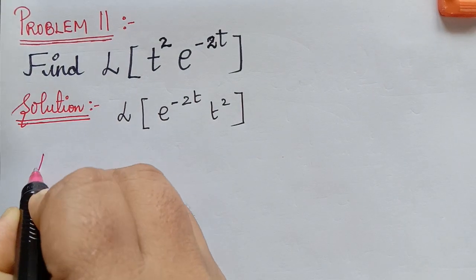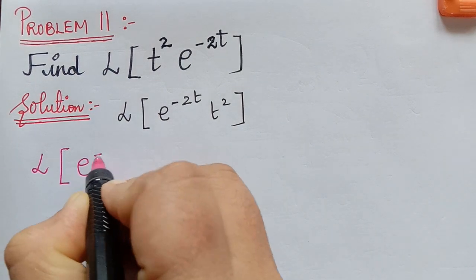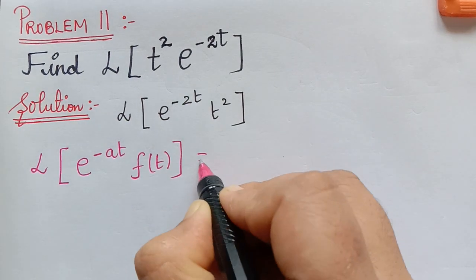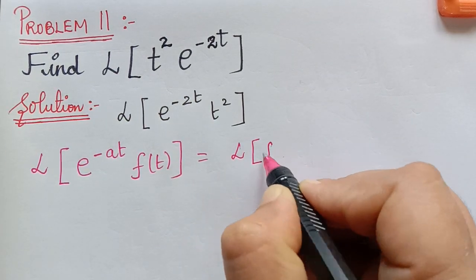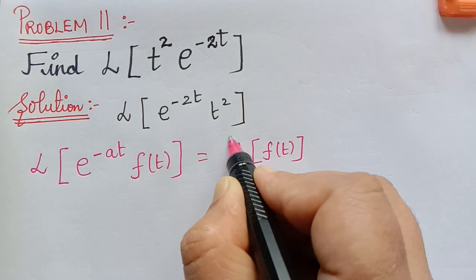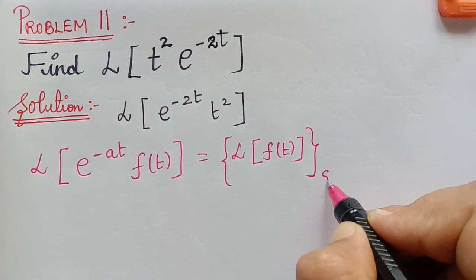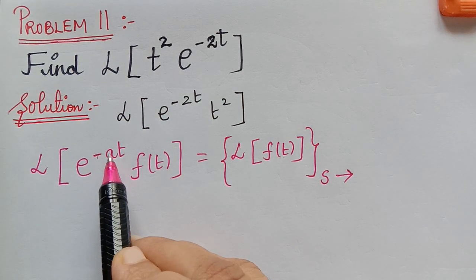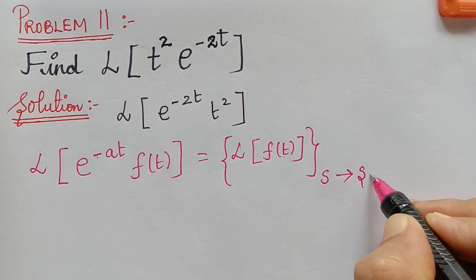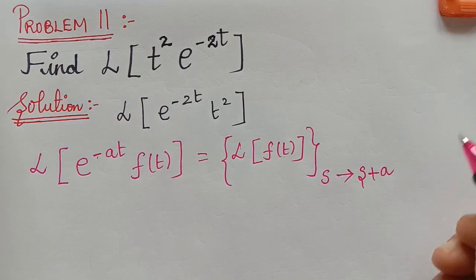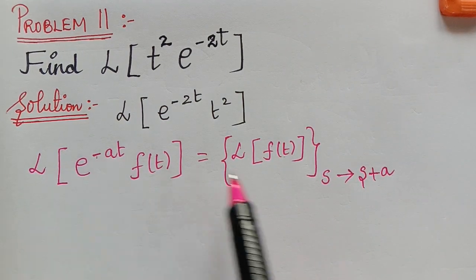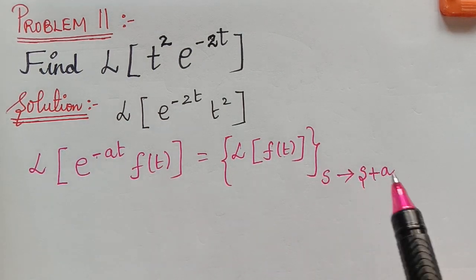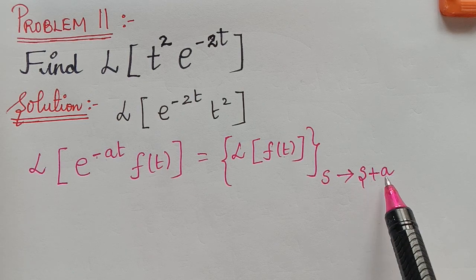It says that the Laplace transform of e to the power negative at f of t is equal to, we have to find L of f of t, and in the resulting solution we have to replace s by s plus a, because we have minus a here. If it was plus a over here, we would have to replace it by s minus a. Since we had minus a over here, it has to be replaced by s plus a.